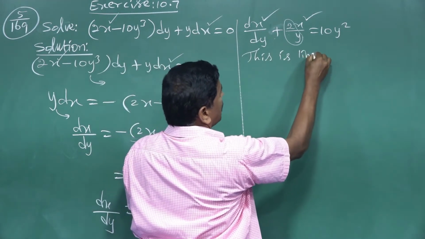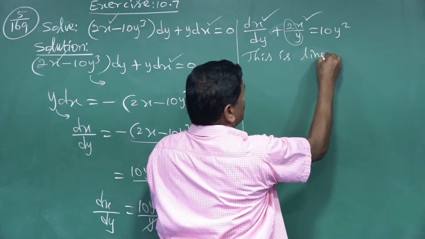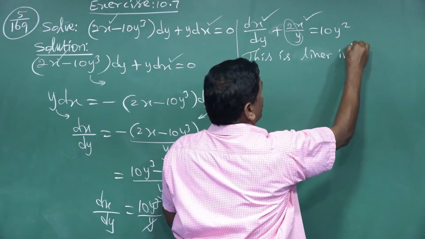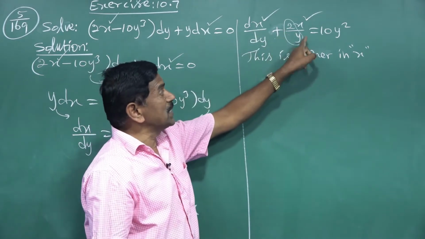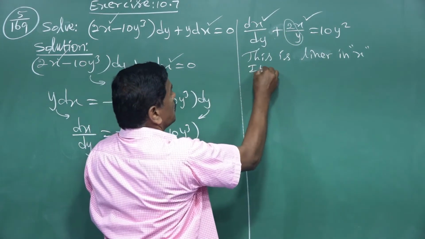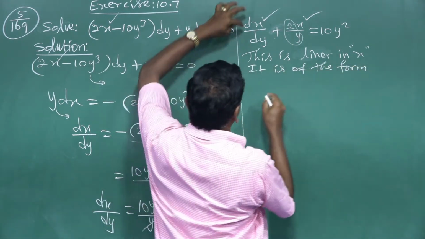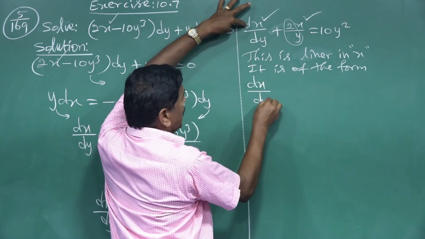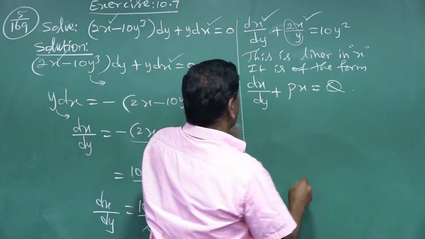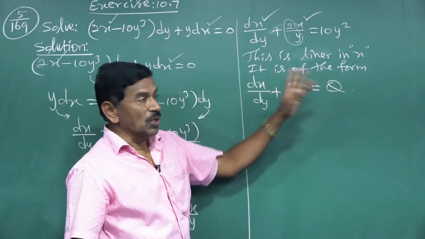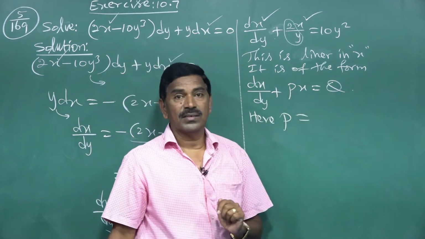This is linear in x, it is of the form dx/dy + Px = Q. Here P is equal to, anyone?